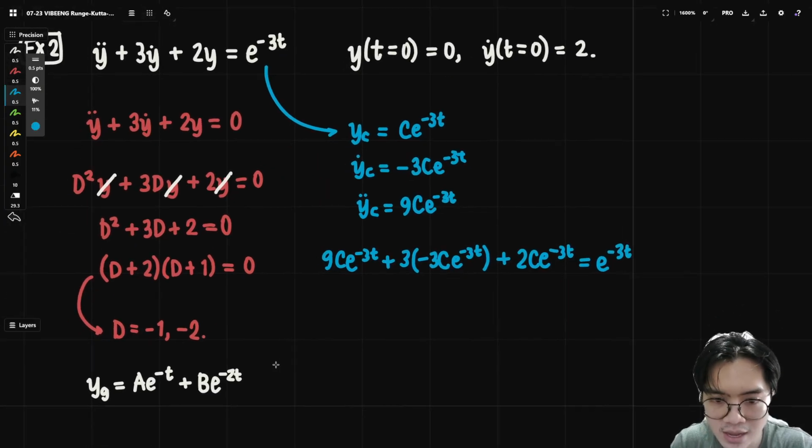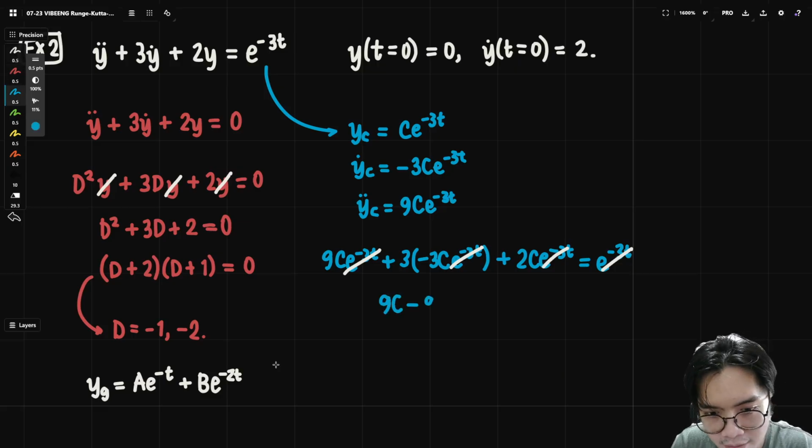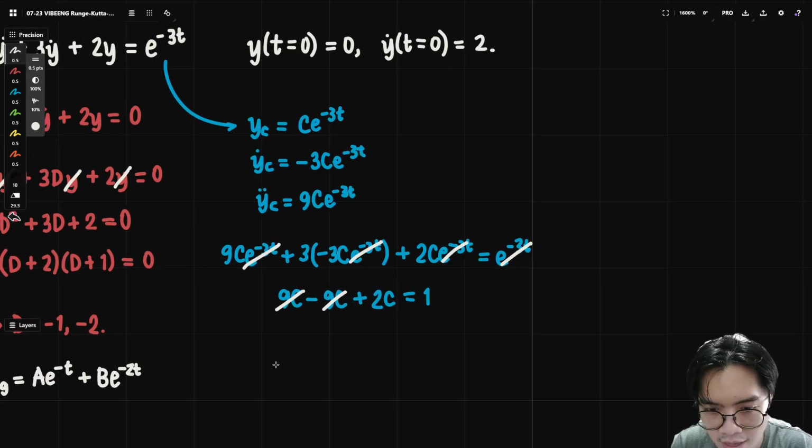Everyone in here has an e raised to negative 3t. So cancel, cancel, cancel, cancel. We will just be left with 9C minus 9C plus 2C is equal to 1. So this cancels. And finally, our value of C in here is just going to be 1/2.